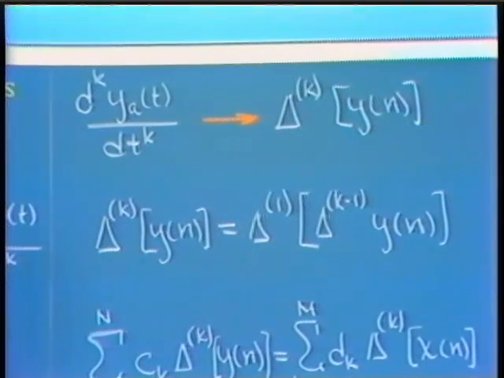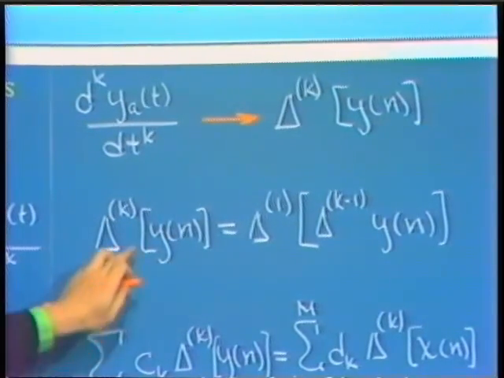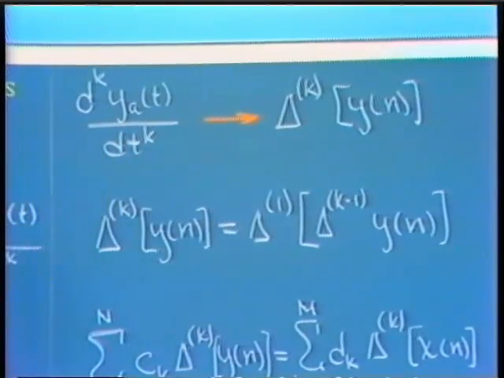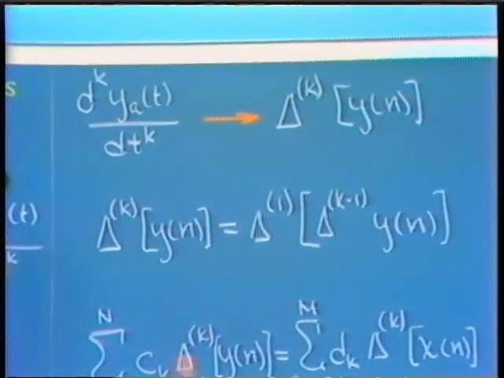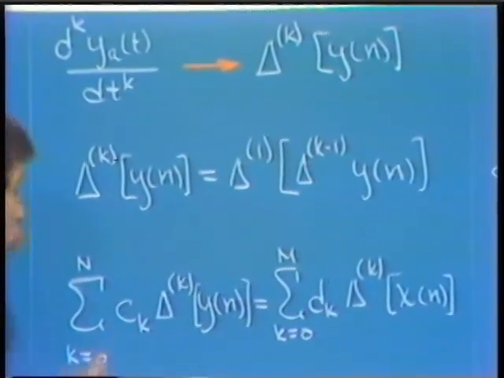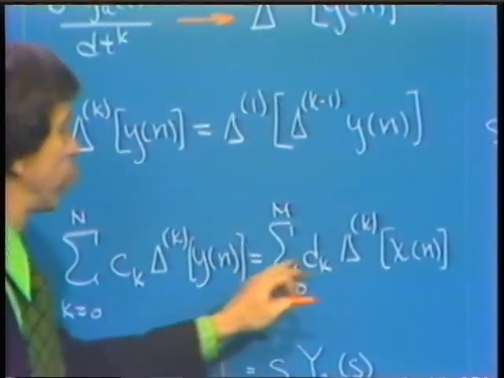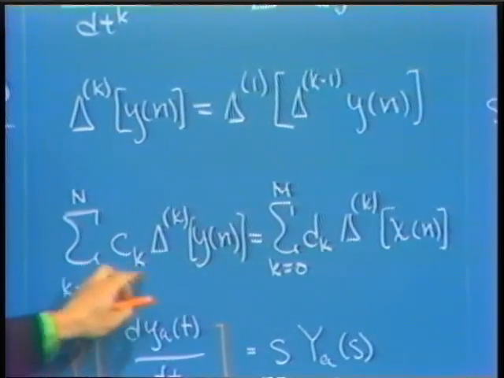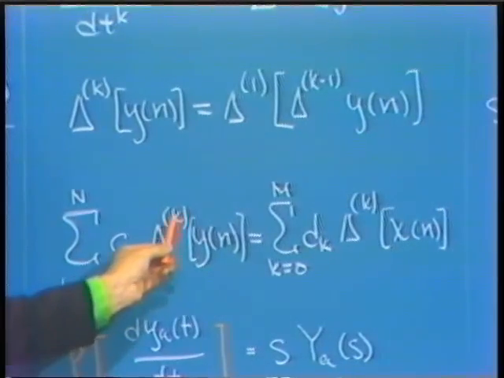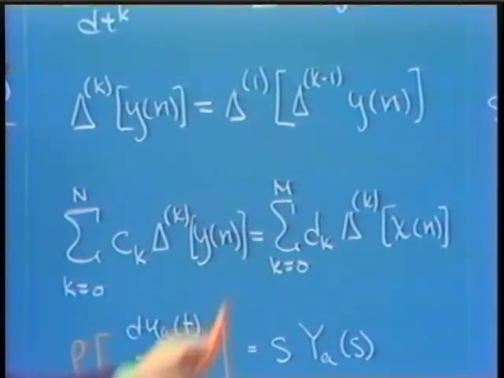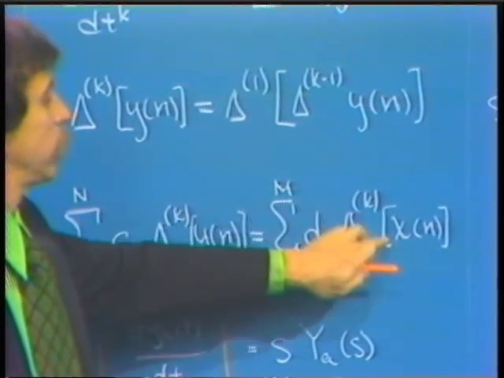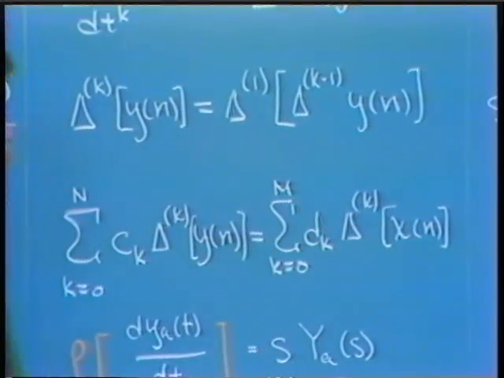So what results then by making this substitution is that the differential equation that we had, which was a linear combination of the derivatives of y of t equal to a linear combination of the derivatives of x of t, is replaced by the same linear combination of the kth difference of y of n equal to the corresponding linear combination of the kth differences of x of n.